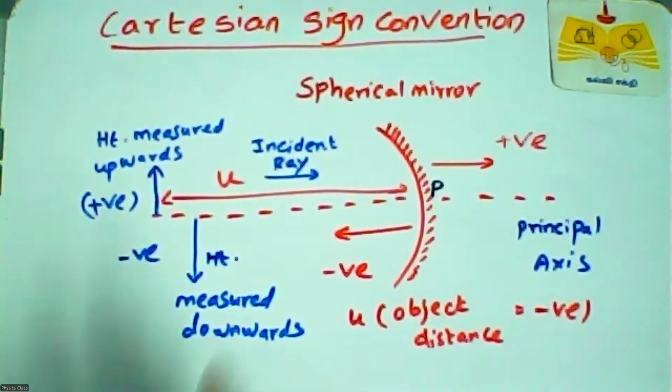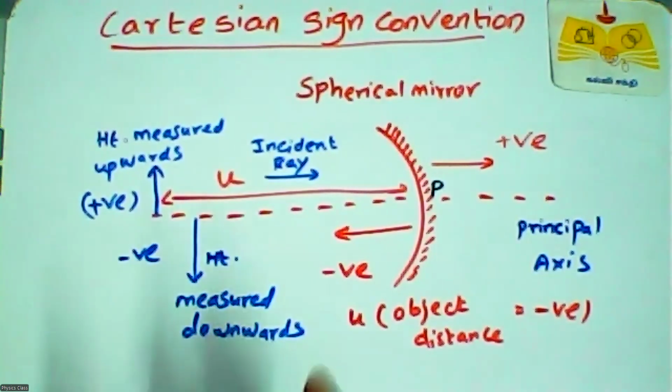Suppose behind the mirror, the object distance u is positive.